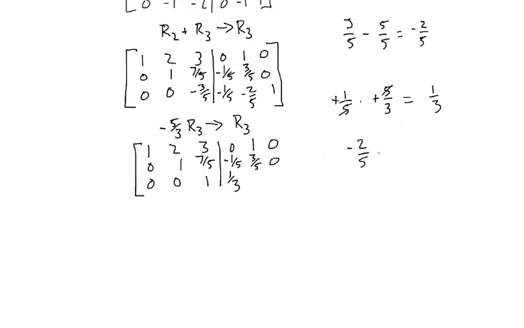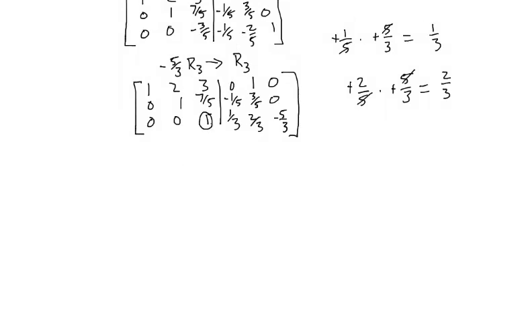Negative 2/5 times negative 5/3. Again, the 5s are going to cancel, and the negatives are going to make a positive. So I have 2/3. And negative 5/3. Now we're going to use the one we just found as our pivot row and get zeros where our 7/5 and our 3 are.